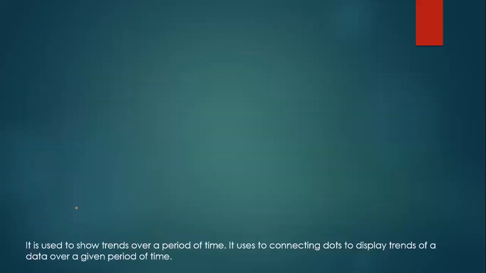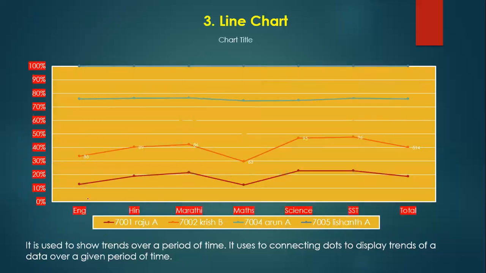So let's move to the next one, that is line chart. If you observe, the graph is displayed in the form of lines, right? And it is used to show trends over a period of time, connecting these dots to display trends of a data over a given period of time.